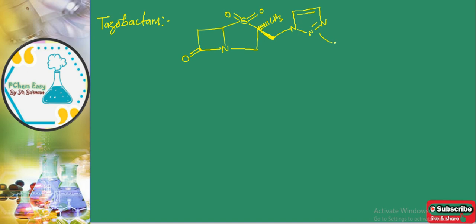This is the group called triazole. Triazole: three nitrogen, tri as in three, and azole. So a five-membered ring having three nitrogens. So triazole.